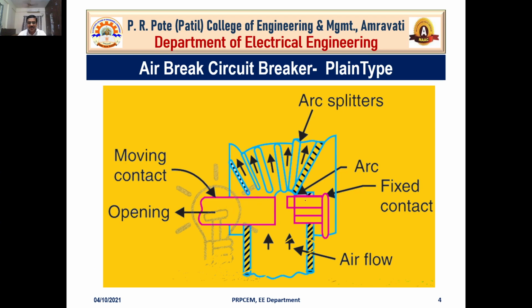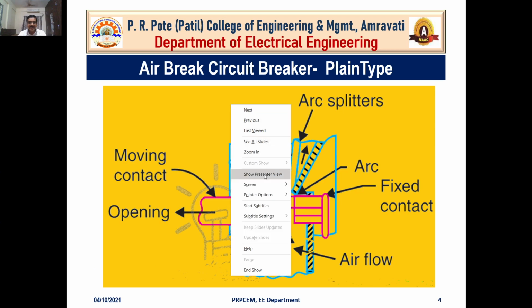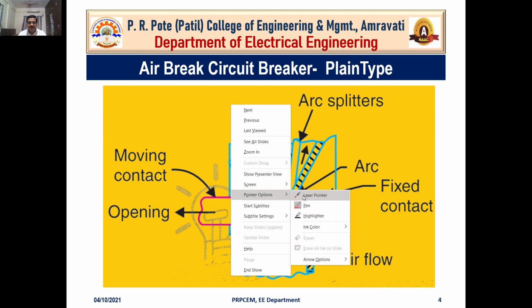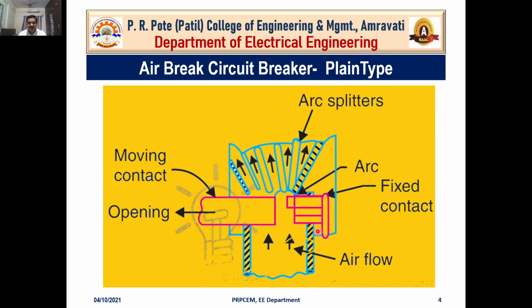This is your fixed contact in the circuit breaker, which remains fixed, and this is your moving contact. During normal operating condition the moving contact is close to the fixed contact, but whenever a fault occurs and is sensed by the relay circuitry, the relay generates a trip signal and the coil of the circuit breaker gets energized.